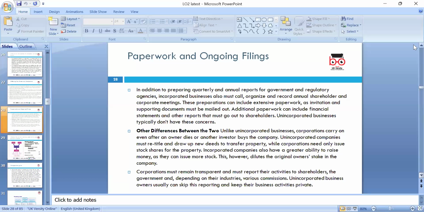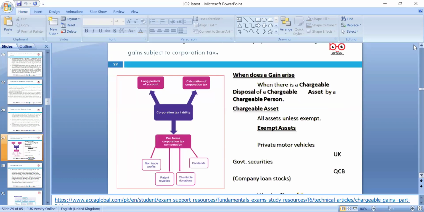The corporation must remain transparent and report activity to the shareholders. Those are quite crucial.